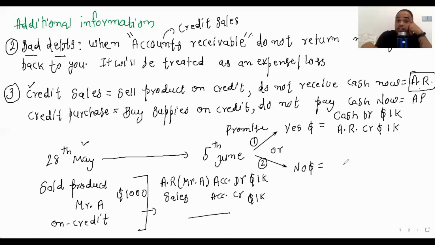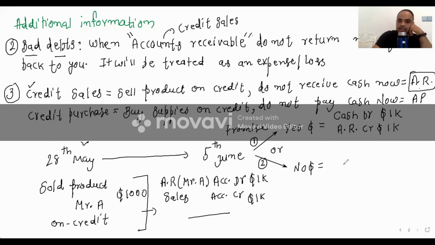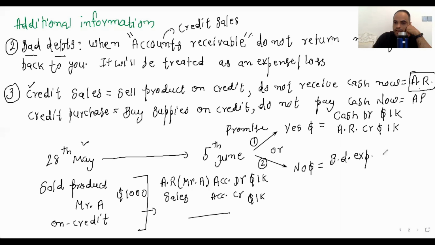All right, so bad debts debit. Yes, that makes sense. Bad debts expense account debit, because this is your expense. That's why debit, not cash. You don't receive cash. What should be credit?